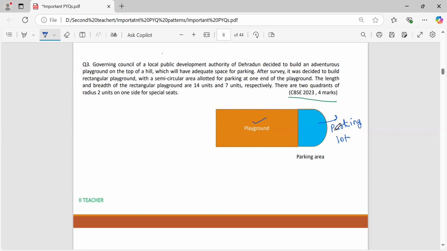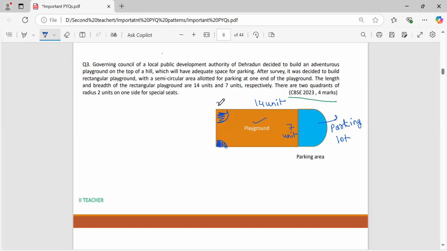है ना? The length and breadth of the rectangular field is 14 unit, this side, and 7 unit, so this is 7 unit here, right? There are two quadrants of radius 2 units at one side for special seats. So here there are two quadrants for special seats they have kept in the playground here.